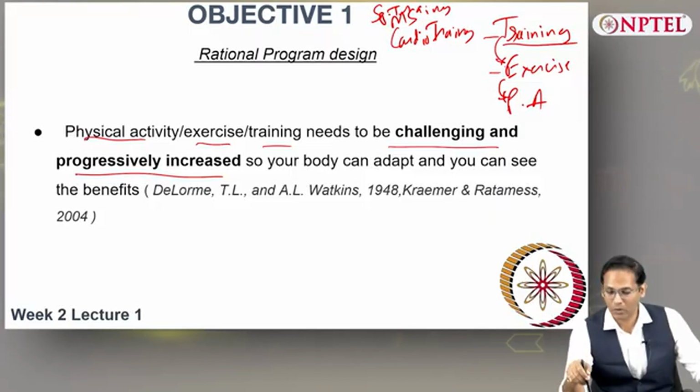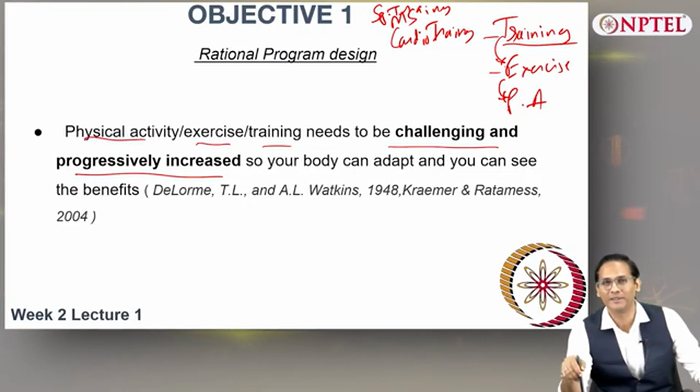But now the last term, physical activity. Physical activity means body movement that increases your heart rate and breathing rate and thereby your BMR for some time. This is called physical activity. In physical activity, there is no repetition happening. There is no progressive overload happening.